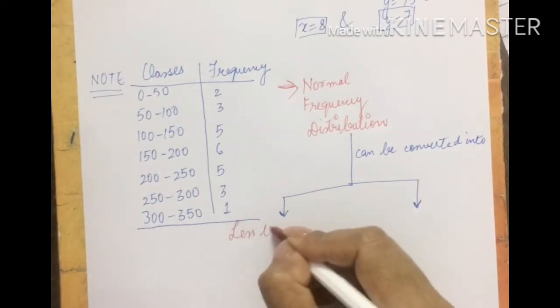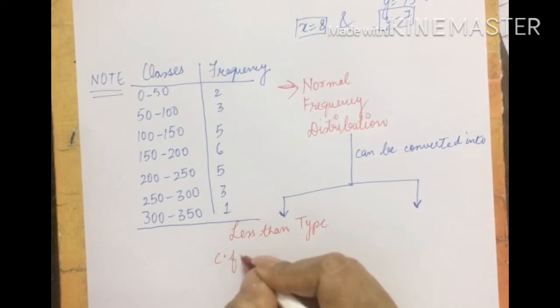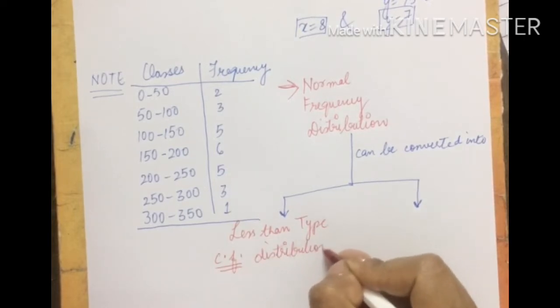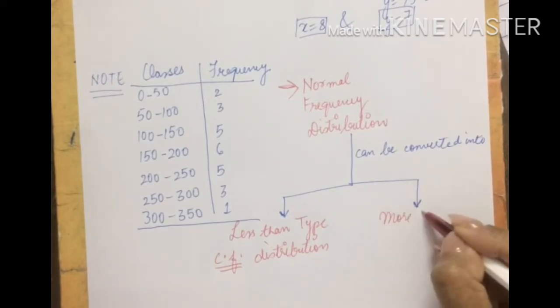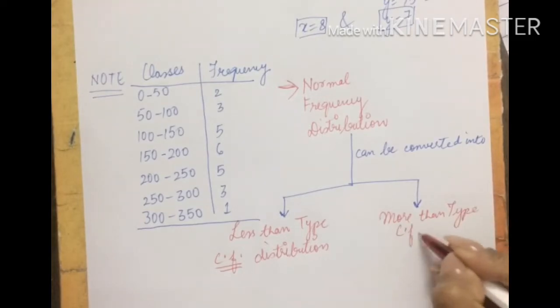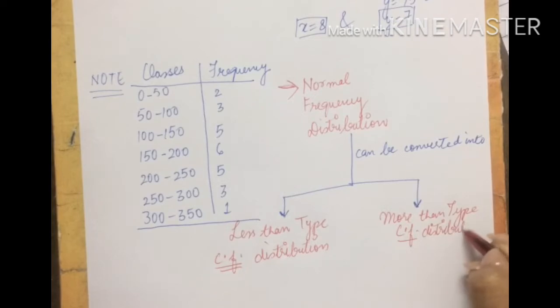One is the less than type cumulative frequency distribution, and the other one is more than type cumulative frequency distribution. I know there will be various words used for this. Less than type would also mean below, and more than type could be above.